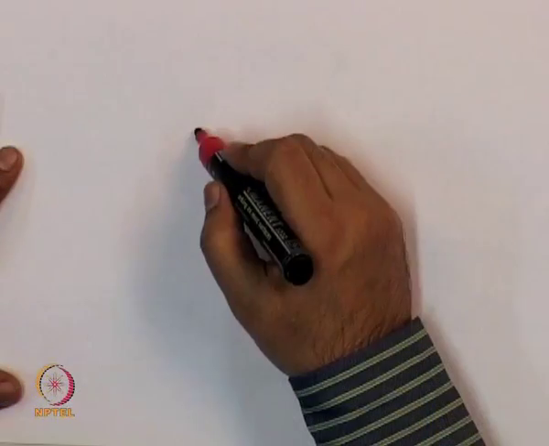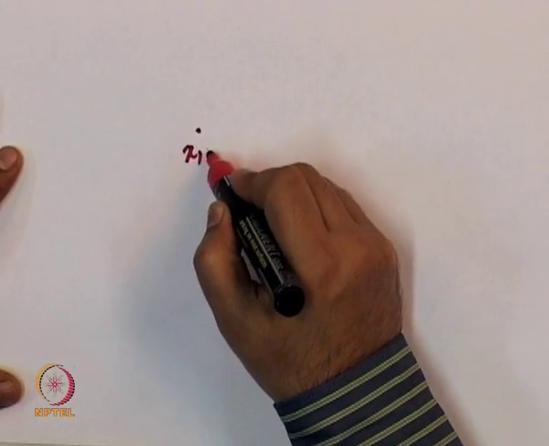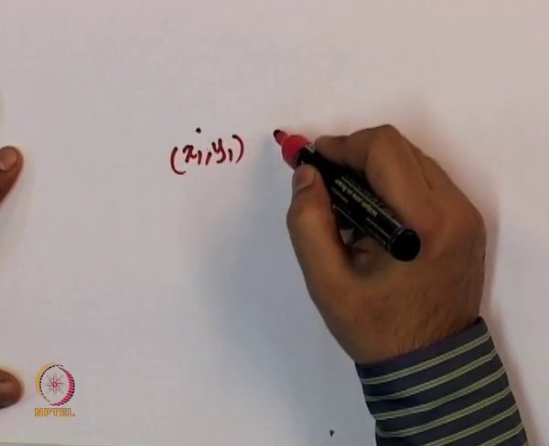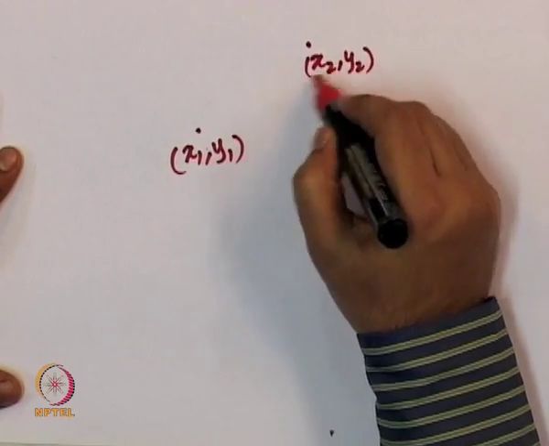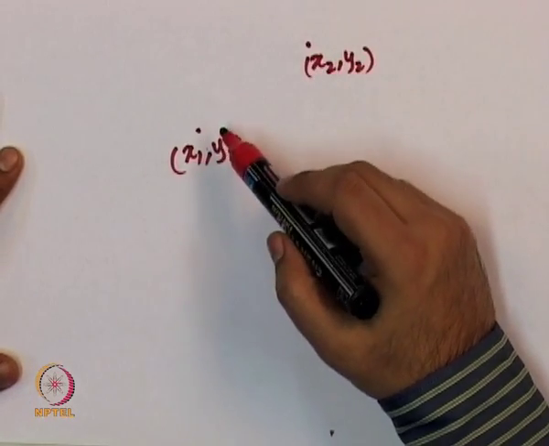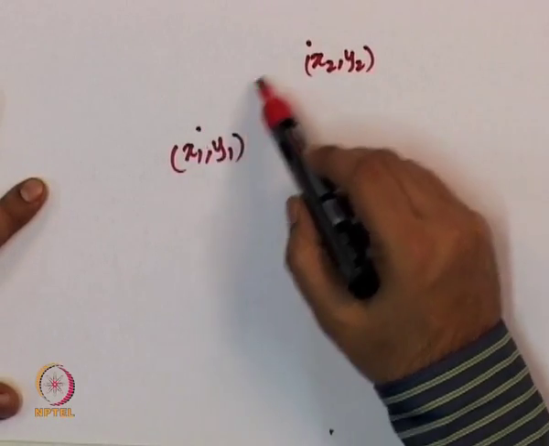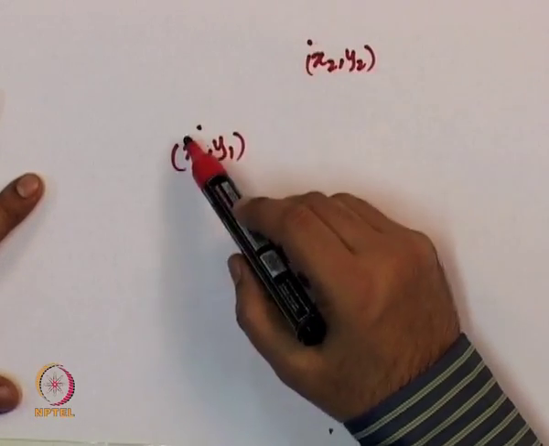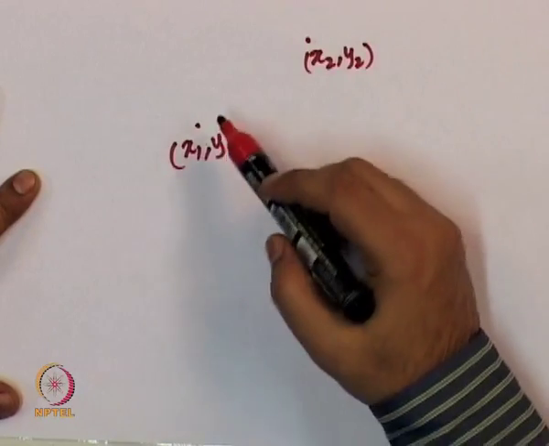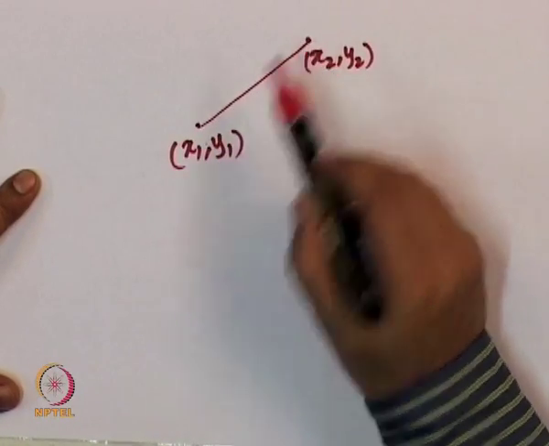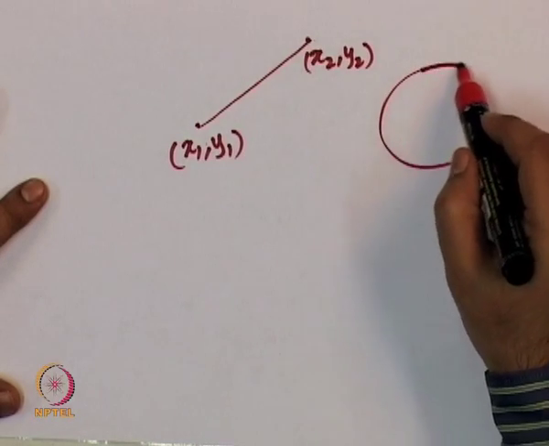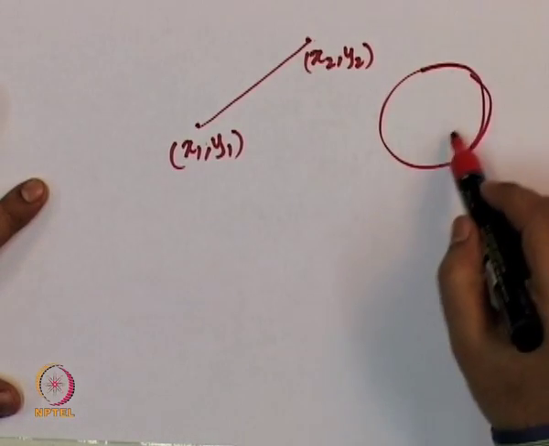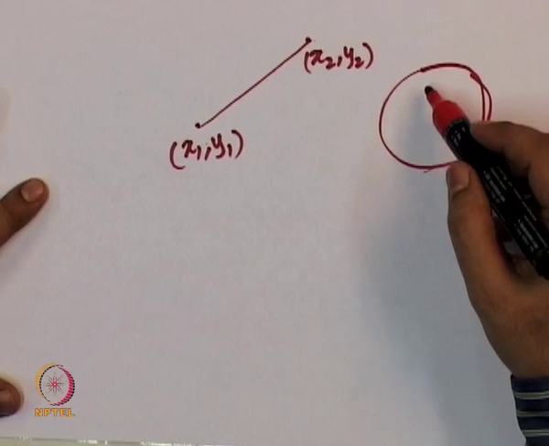Suppose I have a point x1 comma y1, and I have another point x2 comma y2. What is the shortest line joining these two on a plane like this? We know that it is a straight line, but suppose I am looking at a globe kind of spherical surface, for example.